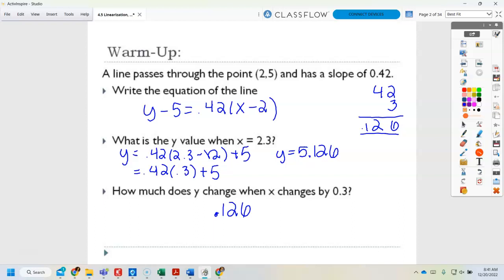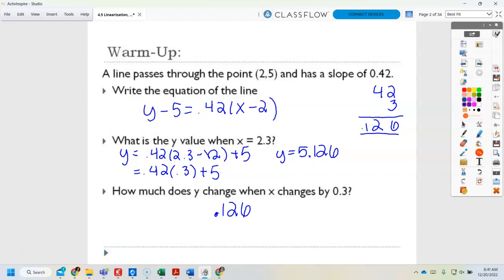We are going to approximate complicated numbers and complicated equations using lines. So we're going to find equations of tangent lines. We're going to find them at simple points that we can calculate and then use them to calculate more complicated points. So the change is that 0.126.